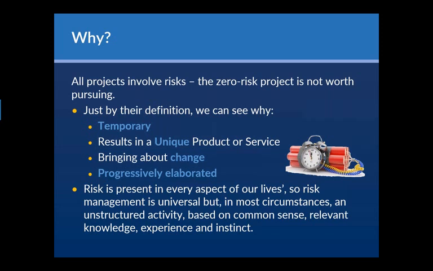The other part of the definition of a project that to me equals uncertainty is the fact that projects are progressively elaborated, i.e. we don't come up with the perfect plan, the full plan, totally vetted out on the first day. It gets progressively elaborated over time. A good example of that, totally relevant to risk, is your schedule and your budget.